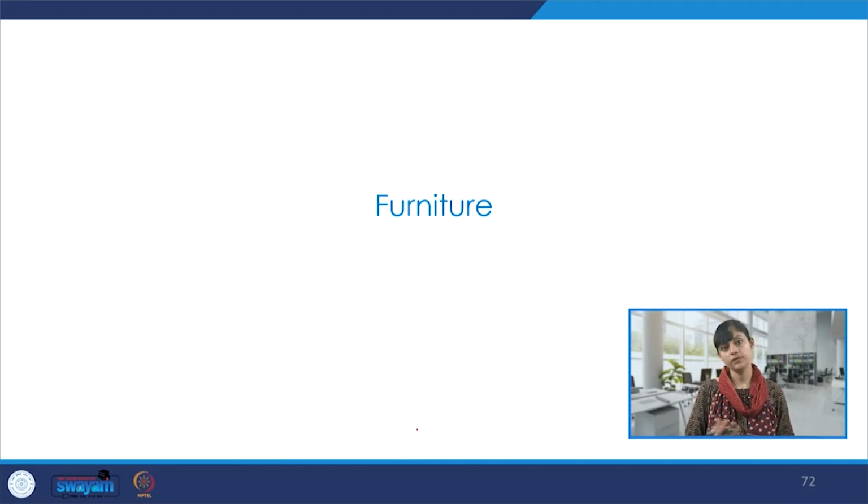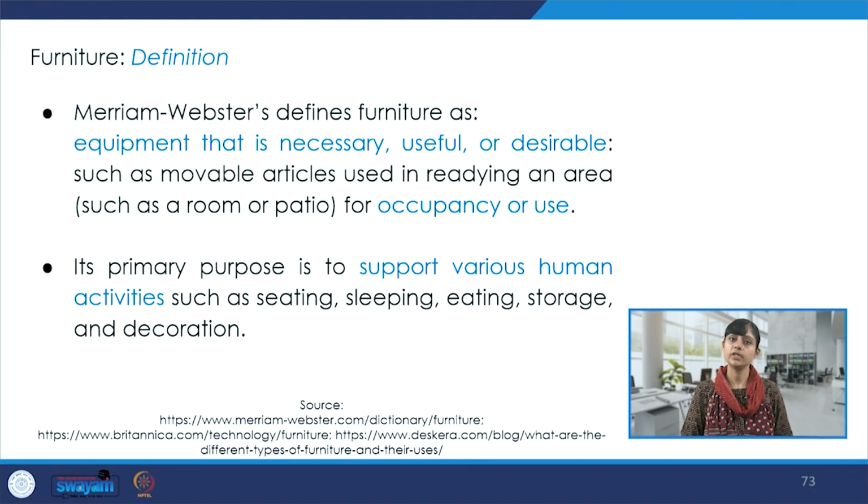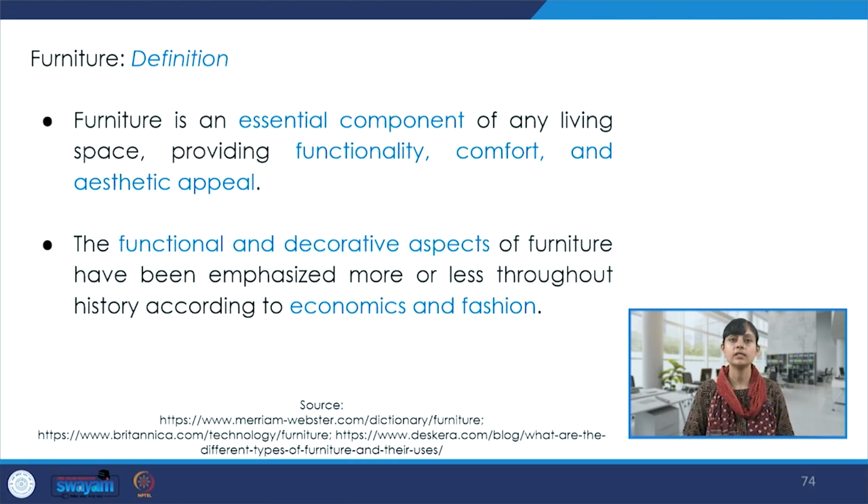Now talking about furniture. Furniture could be defined as equipment that is necessary, useful or desirable for occupancy or use within a space. It supports various human activities like seating, sleeping, eating, storage, decoration, etc. It's a very essential component within the interior architecture domain, and it provides functionality, comfort, as well as aesthetic appeal.